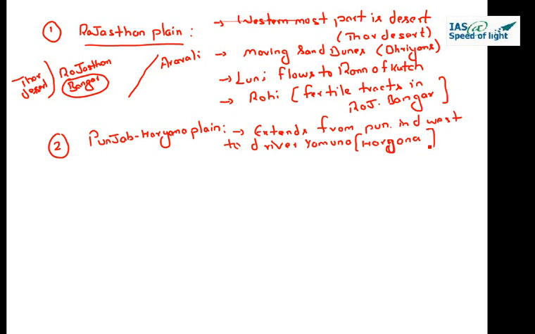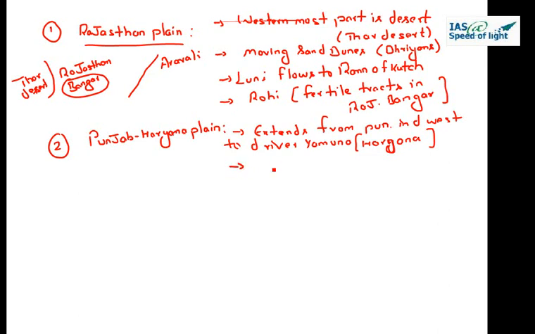Now, second, this land we already know it is made up of five rivers, also known in history as Punjab. Punjab means actually land of five rivers, which is particularly made up of Doab. Doab is nothing but the land between two rivers.